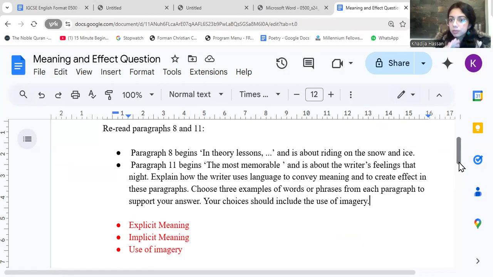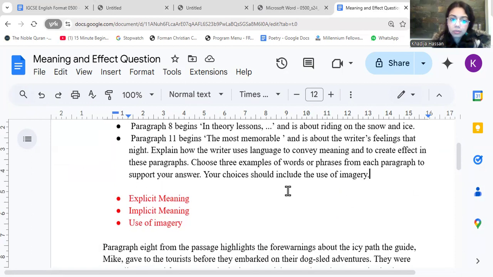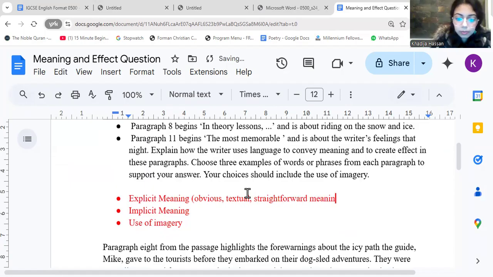Okay, now moving on to the actual answer and how we write it. We picked out phrases, we made sure that the phrases meet all of the three conditions. They have explicit meanings that we know of as well, implicit meanings that we can write about, that we can extract, and the use of imagery as well. So I will just write this here as well. Explicit: obvious, textual, straightforward meaning, right?